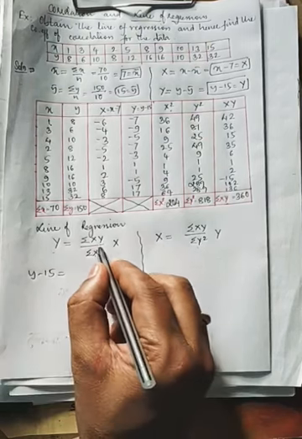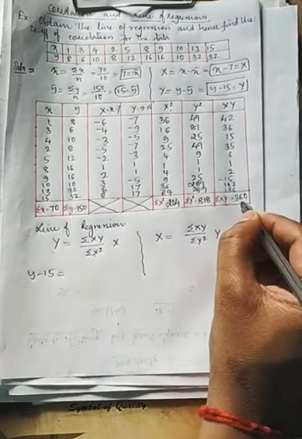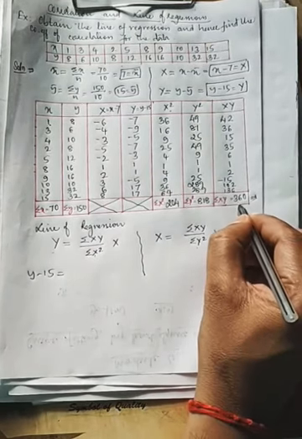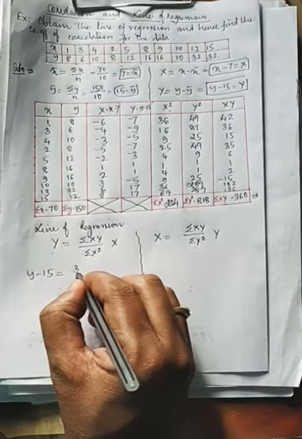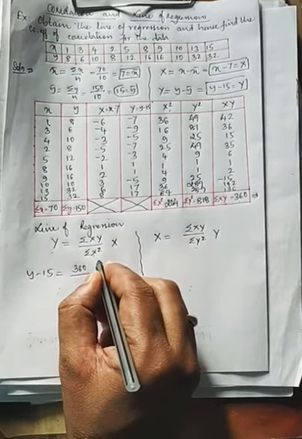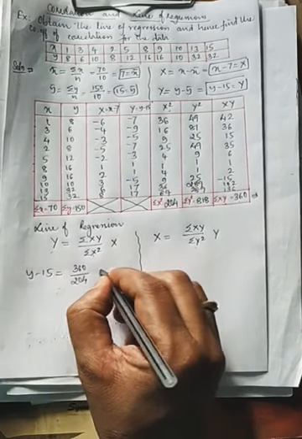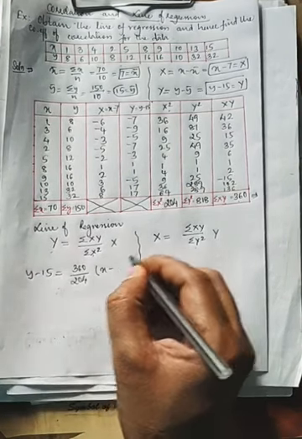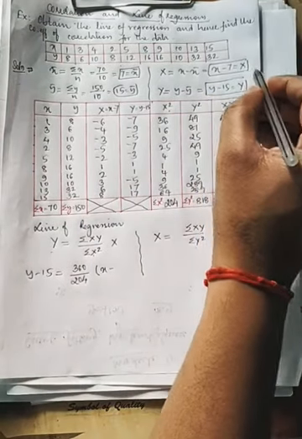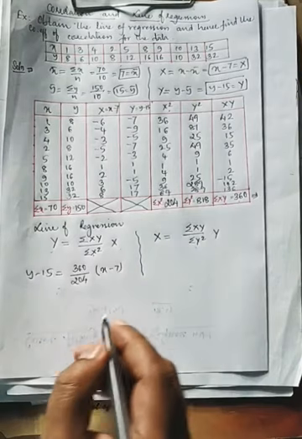That is equal to summation of x into y, from the summation table, that is 360, divided by summation of x square, that is 204, into x minus x bar. Capital X is equal to x minus x bar, that is x minus 7.